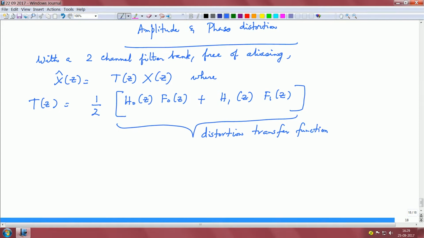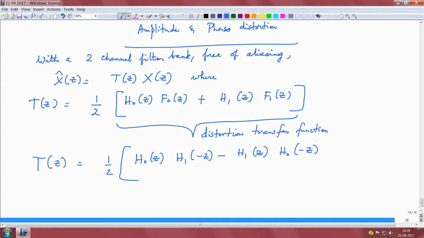Now, we apply the conditions for F0 and F1 through the alias cancellation equations, and we simplify this as T of z is 1/2 [H0 of z H1 of minus z minus H1 of z H0 of minus z].